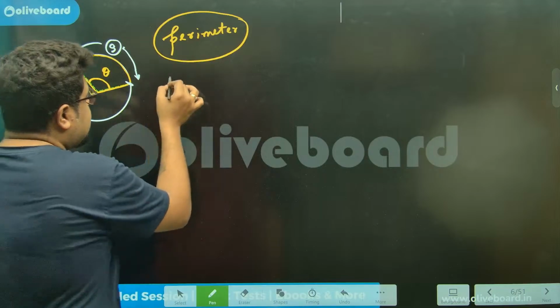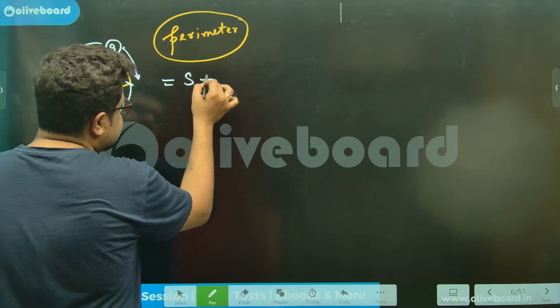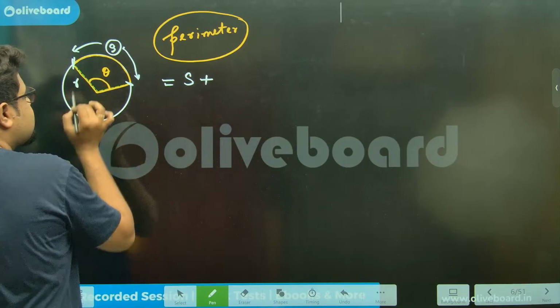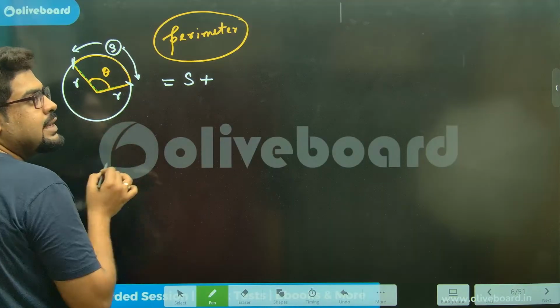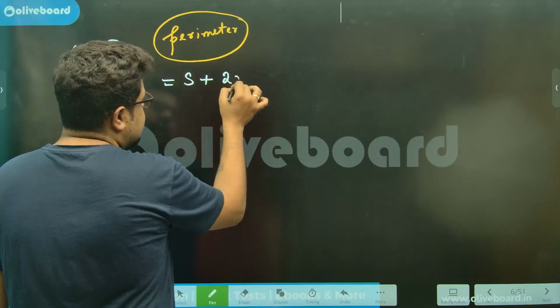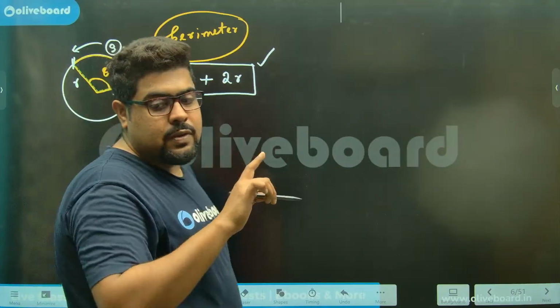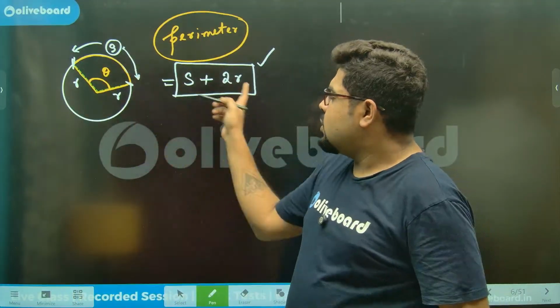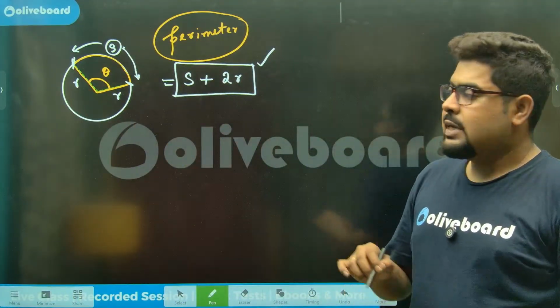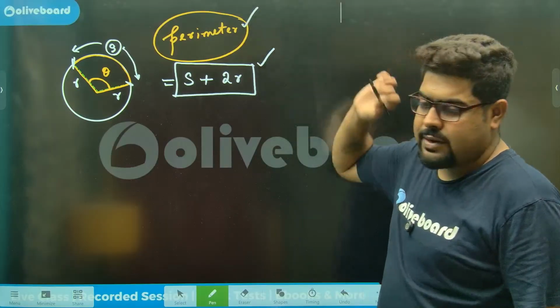So the perimeter is going to be S plus, this is also radius, this is also radius. So the perimeter here is arc length plus twice the radius. This is how you find perimeter.